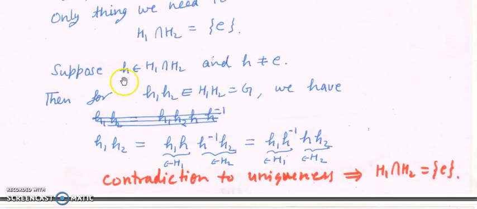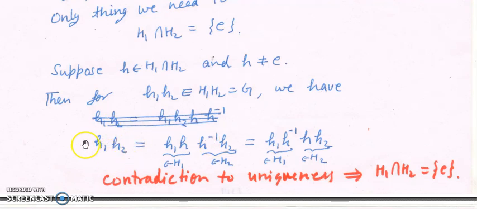Take an element h in H1 intersection H2 and suppose that it is not identity. We have assumed that each element of G can be uniquely written as a product of elements. Now h1h2 is a product; h1h2 is an element of G, but this element can also be written as h1h, h1 inverse... h1h, h inverse h2, because h belongs to H1 also and h belongs to H2 also.